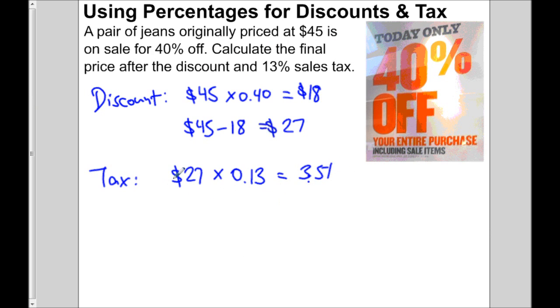So his total will be 27 plus 3.51, because tax adds on to the price, and that becomes $30.51. So we find out what the discount is and then subtract it, and then we find what the tax is and add it. Simple as that.